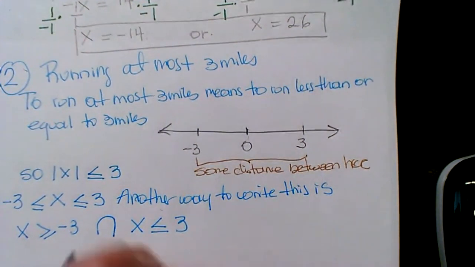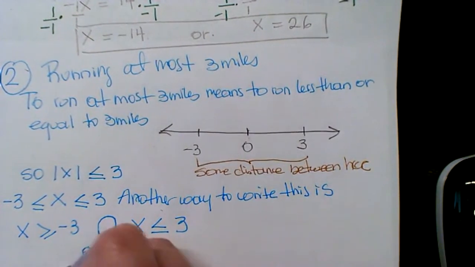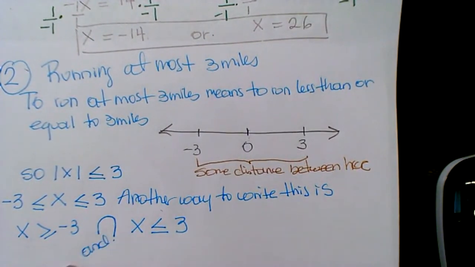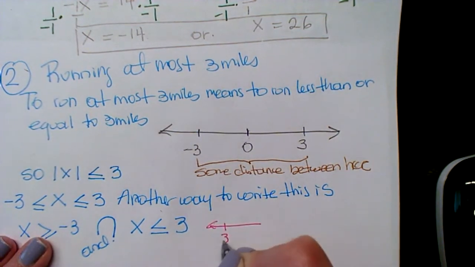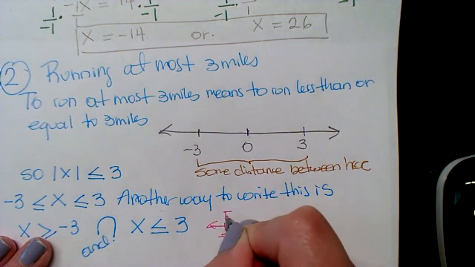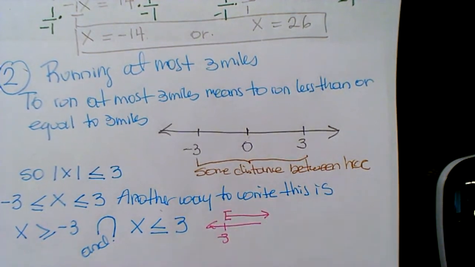Remember, when it's intersection, it's and. All right, so it's going to be, let me just show you, from negative 3 this way.